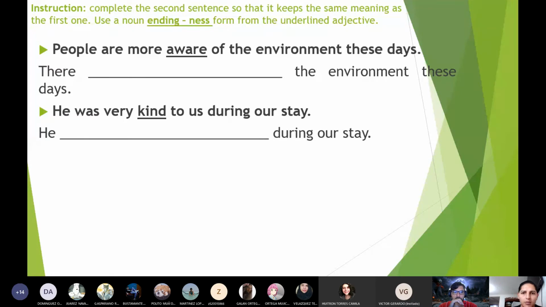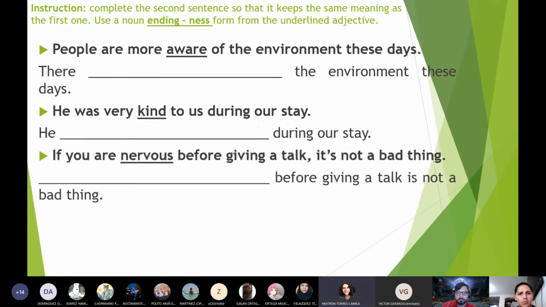Next one, please type it or write it down. He was very kind to us during our stay. Another one.